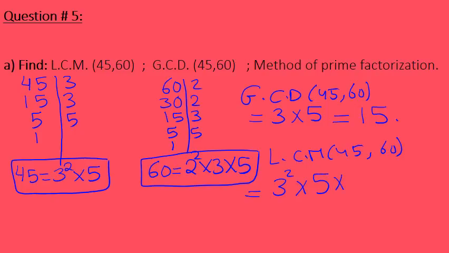In the second one we have 2 squared, so it's not common. Do we take it? Yes. So it is 2 squared. Now what's 3 squared? 9. What's 2 squared? 4. We multiply 5 times 4. It's 20. Times 9, 180. So the LCM is 180.